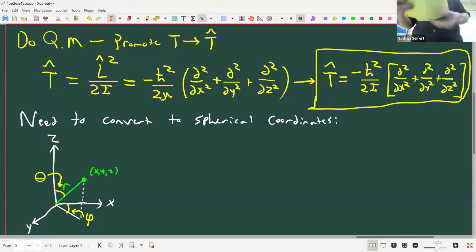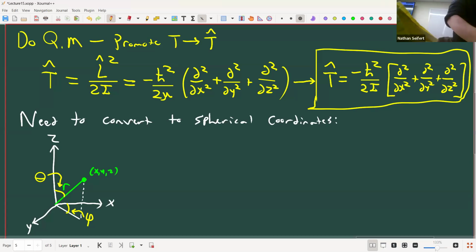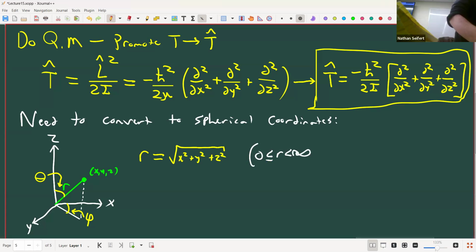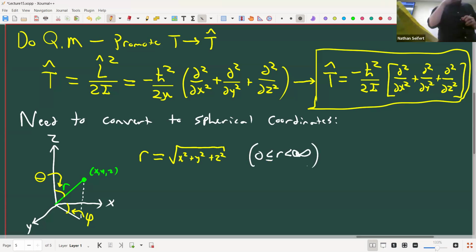So let's do some conversions really quickly. As I said, r is the length of the vector, which is the square root of x squared plus y squared plus z squared. And of course, r can be any value between 0 and infinity.